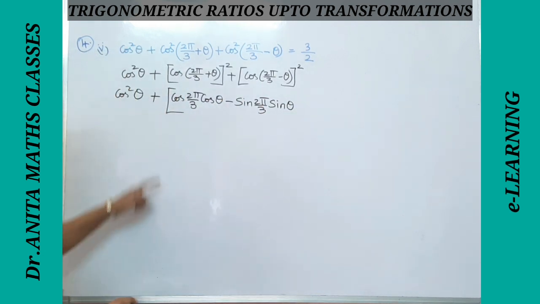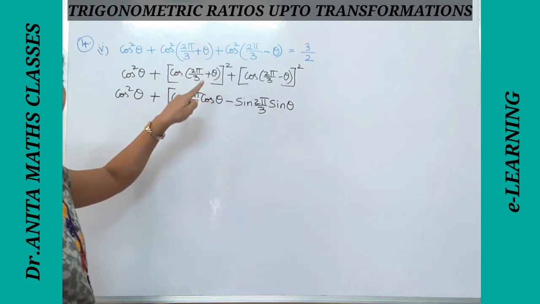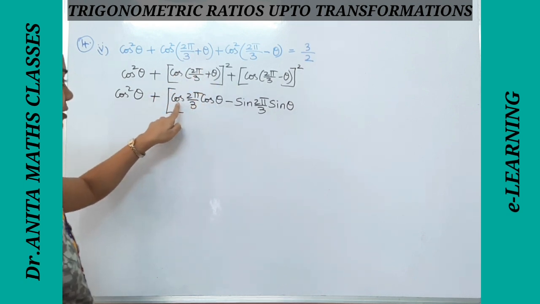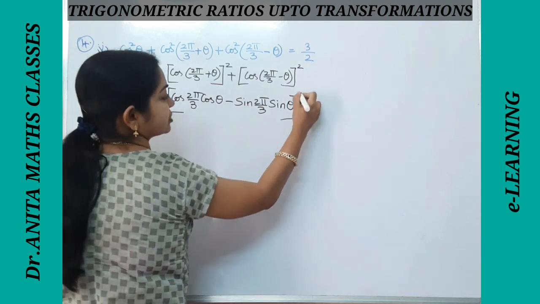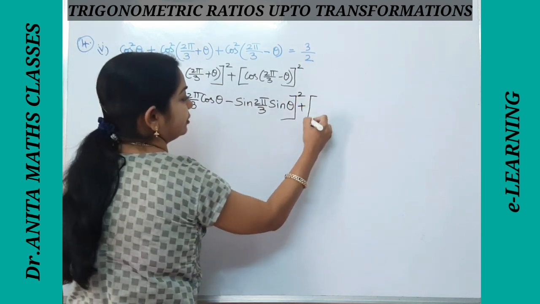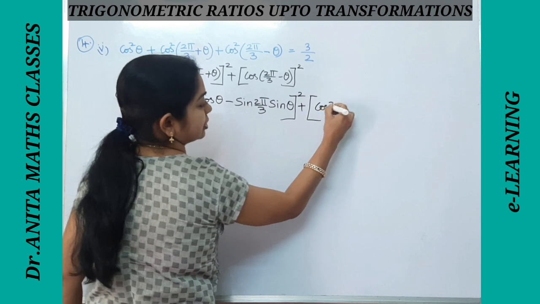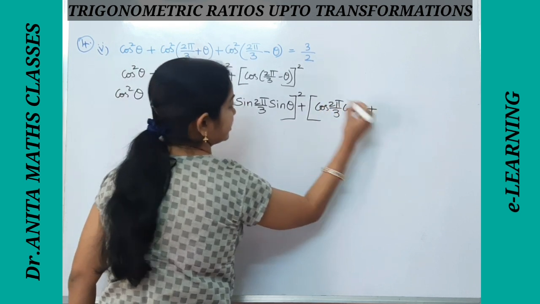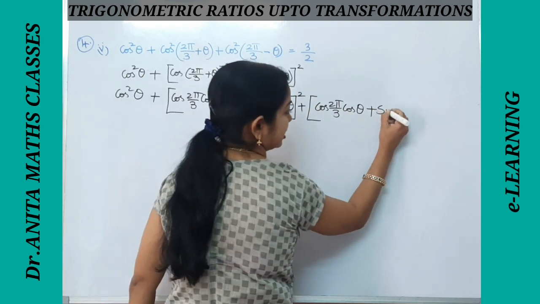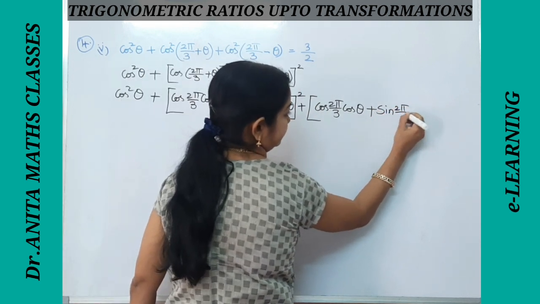So the compound cos A plus B formula is cos A cos B minus sin A sin B. Also we do have the square here. Similarly we will do for this: cos A cos B plus, because here it is negative, so sin A sin B.